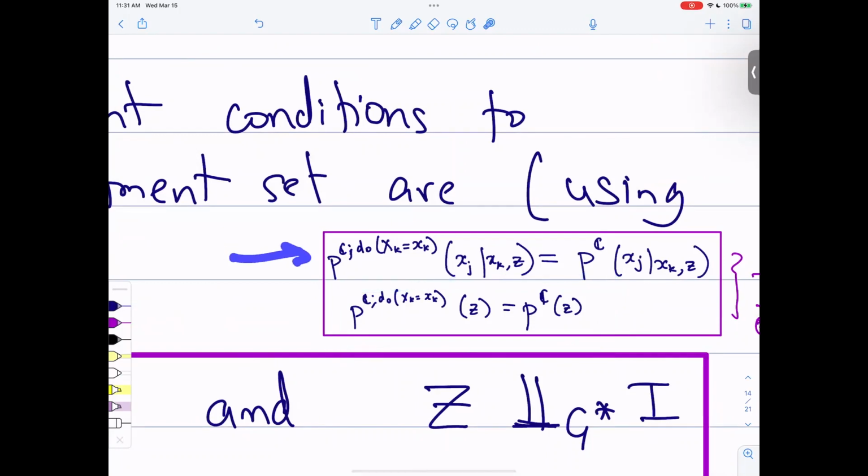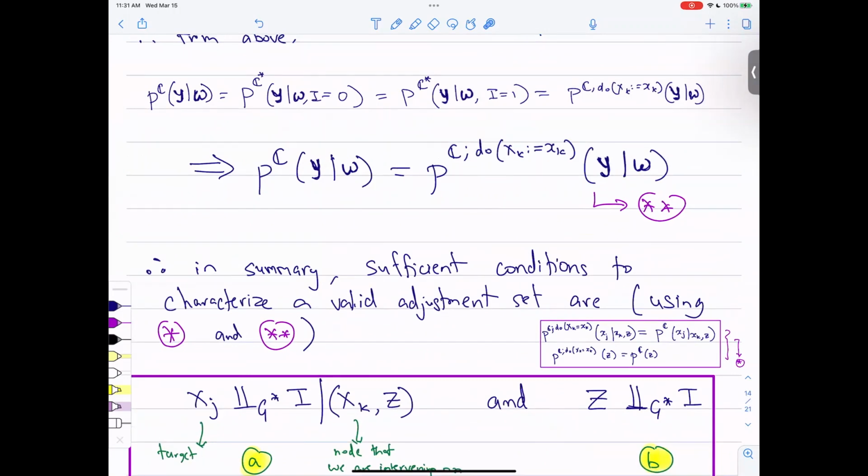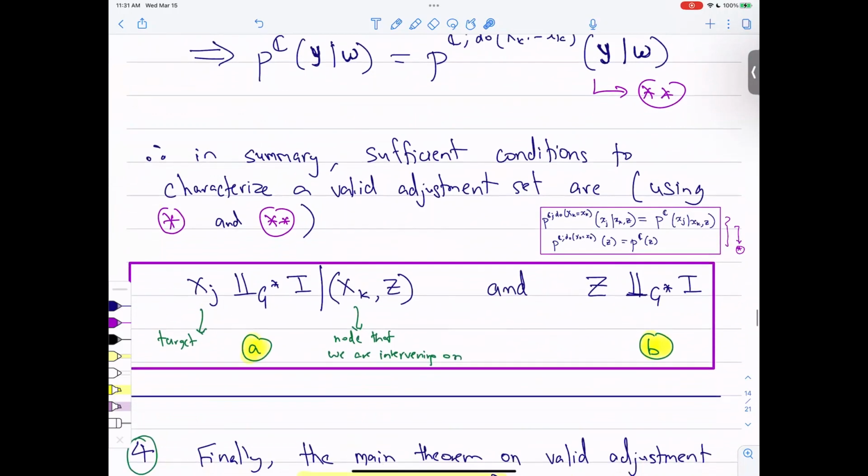The first condition comes from this, the second condition comes from this. I've just copied down here what we asked for at the beginning, when we talked about the definition of a valid adjustment set. At a high level, this is actually very simple. All we want is those two equations.